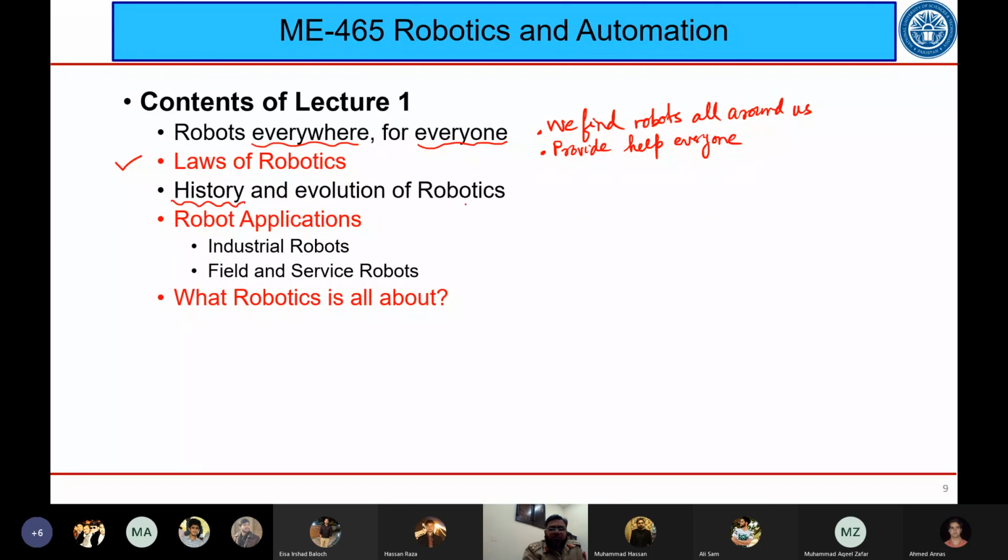This evolution part will be covered in the next lecture, in the 1 hour lecture. And then there are some robot applications. We are going to talk about those also, and what robotics is all about, and culminate with that in the 1 hour lecture tomorrow.